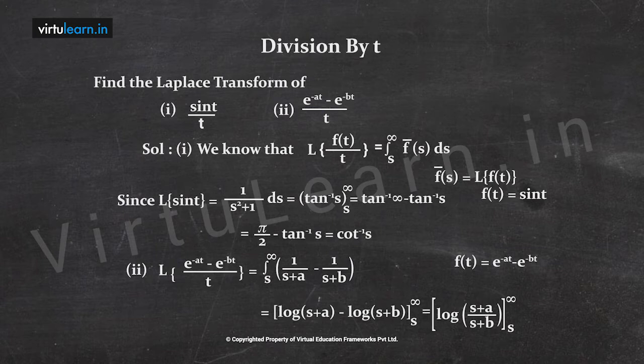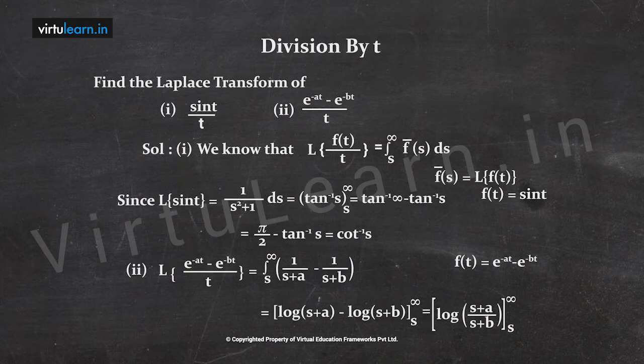First of all, calculate the Laplace transform of sin t, because f of t is sin t here. Laplace transform of sin t is 1 by s square plus 1, which equals f bar of s by the basic formula. Now I want to calculate the Laplace transform of sin t by t.